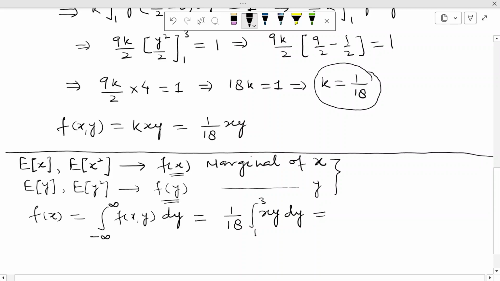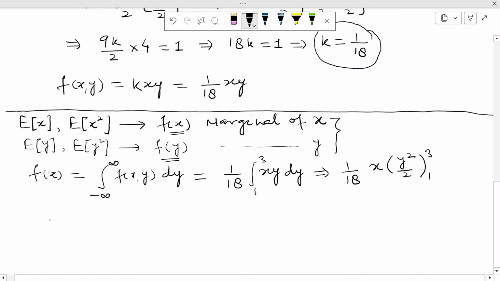So this will give us 1 by 18. Now when you are integrating this with respect to y, this is y square by 2, and limits are 1 to 3. So this will be 1 by 18 x multiplied by, when you evaluate the limits, 9 by 2 minus 1 by 2.